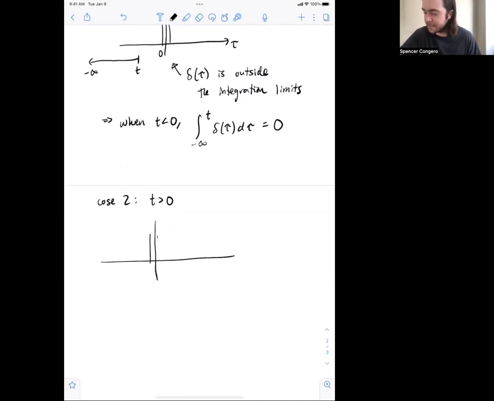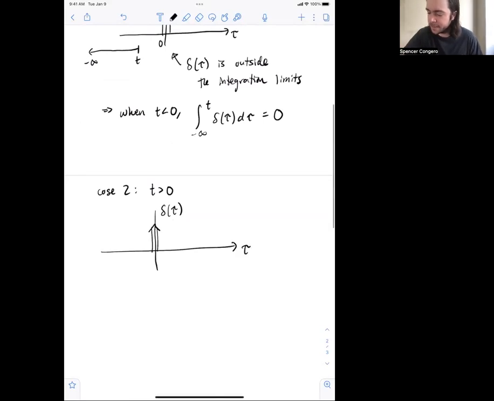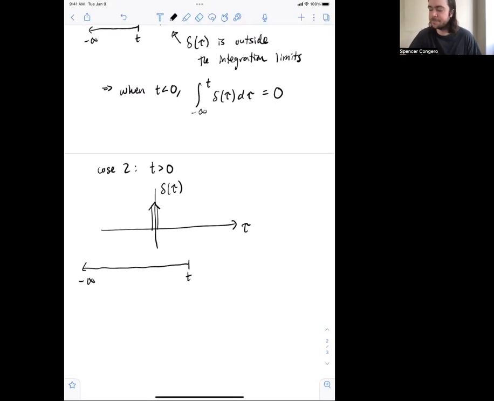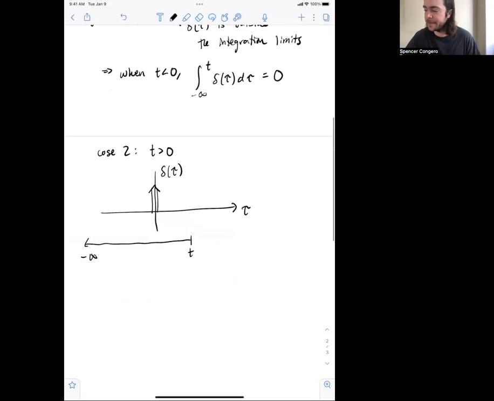So if this is my delta of tau, and now I'm still integrating from negative infinity up to t. It's just now t is greater than 0. Those are my bounds for my integral.